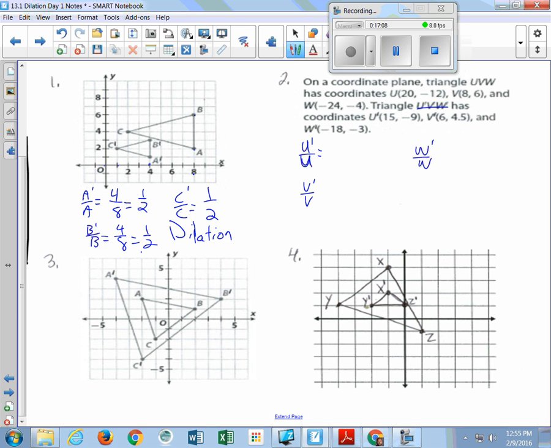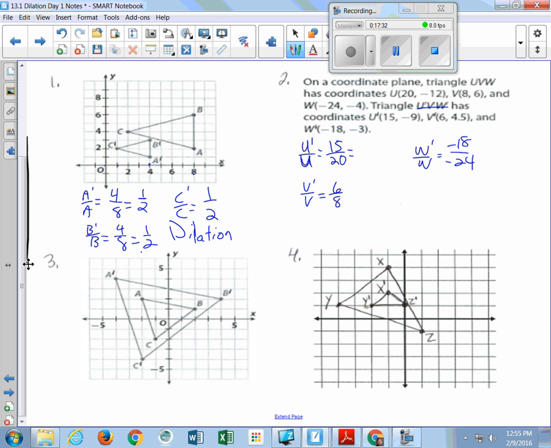So U prime is 15, U is 20. V prime is 6, V is 8. W prime is -18, and W is -24. All right, let's reduce.